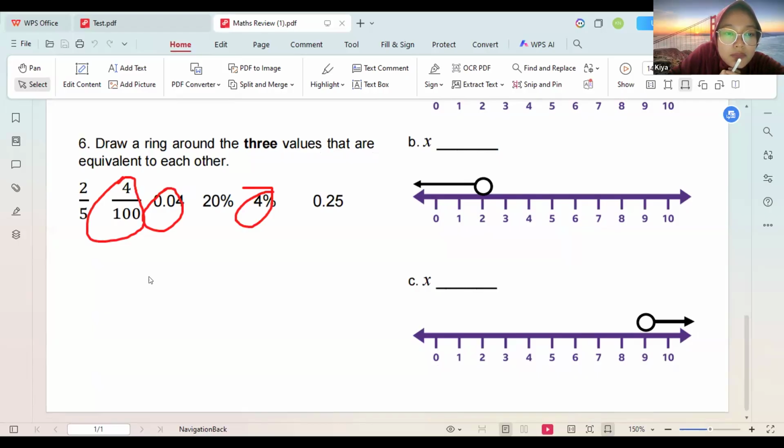Okay, perfect. Okay, and then how about the number 7?